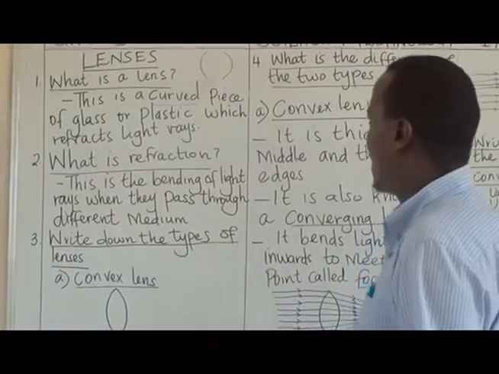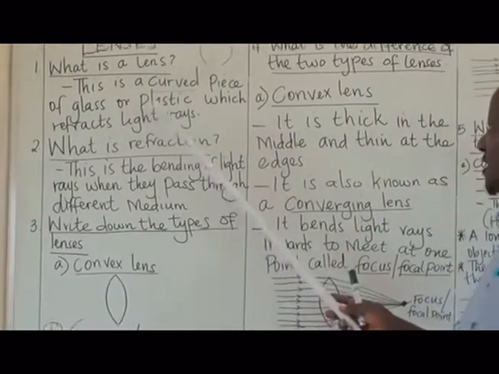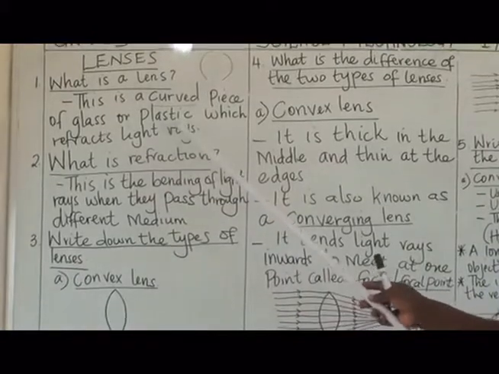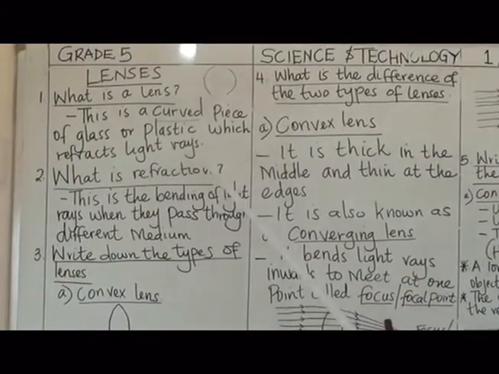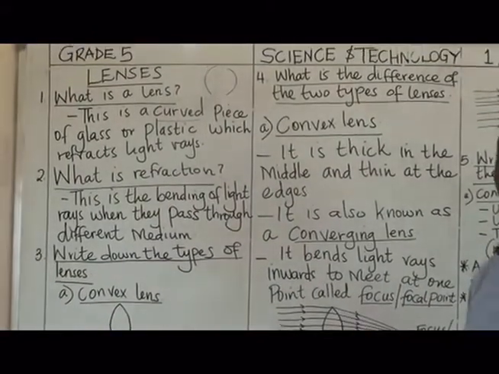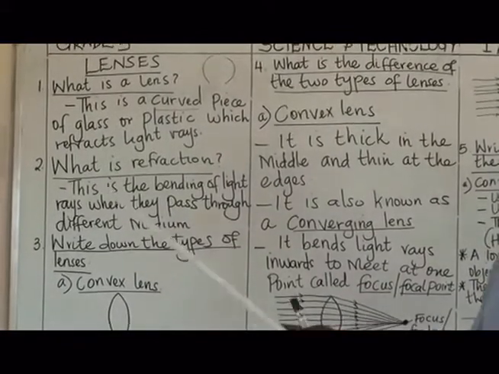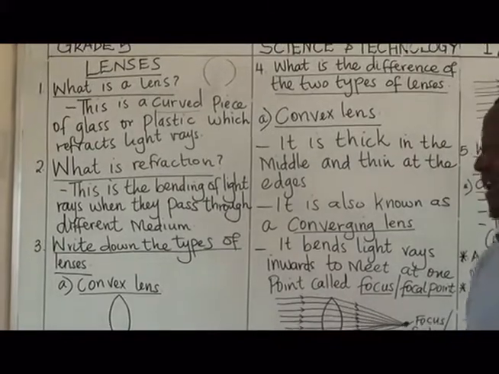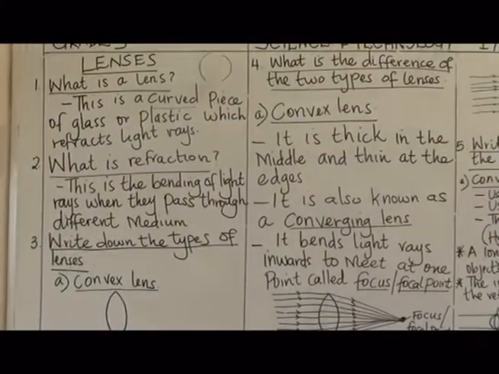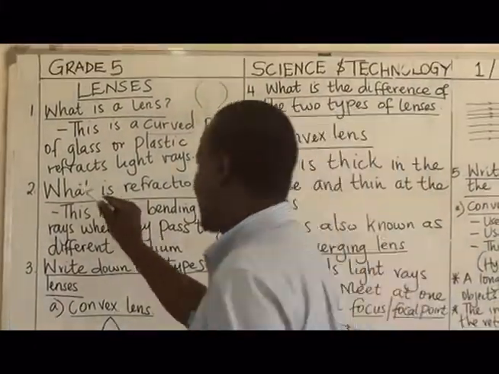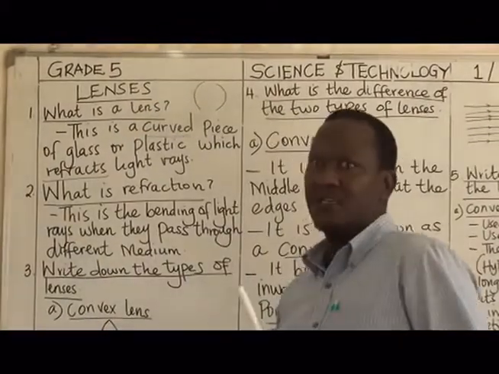So if we have an object, a glass or a plastic, that has curved edges or a curved middle, we mean that is a lens. So a lens is a curved piece of glass or plastic which refracts light rays.